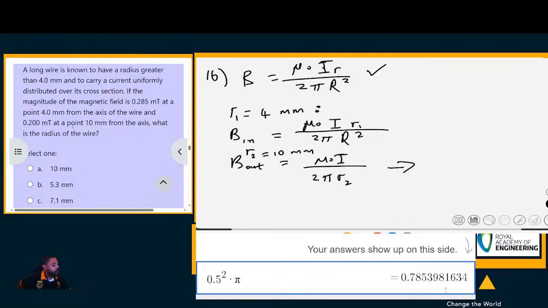Now, if you make I the subject of the formula, it is then 2 pi r squared times the magnetic field outside, over mu naught. That's the current. Okay. So now you have a formula for the current.